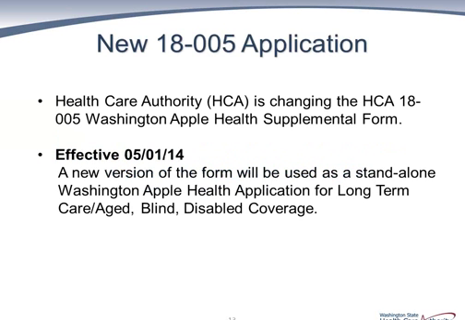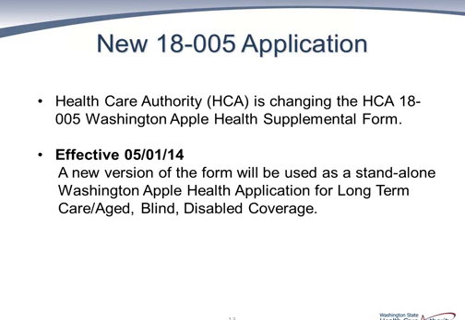On the next couple of slides, we'll give you a sneak preview of that new application. The form is going to be an 18005, and if you have been working with families applying for Classic Medicaid, you might have recognized this number as the supplemental application.